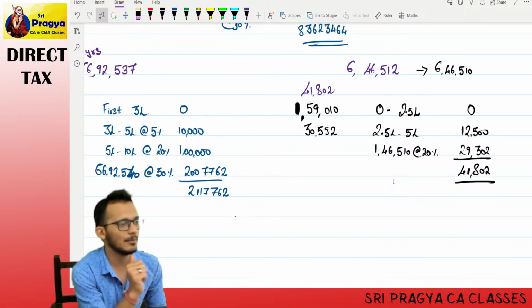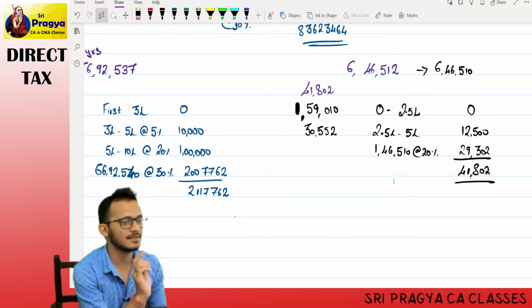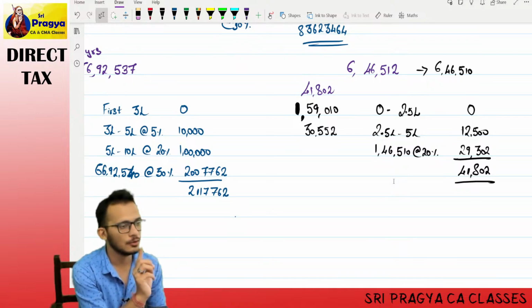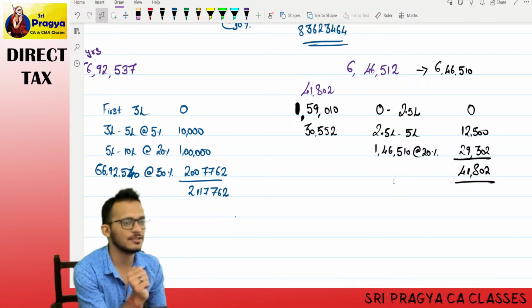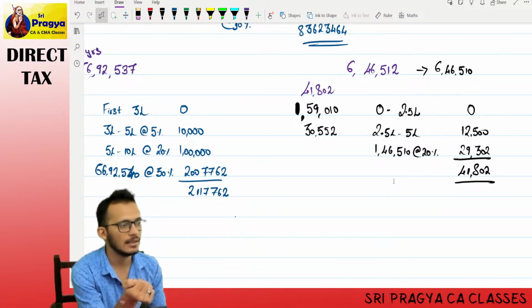Rahul, what is the slab rate for HUF? Same, except for the 60 and 80, meaning for them the only slab is 0 to 2.5. When it comes to HUF, it is very difficult to say whether they are 60 years or 80 years, and age is not a criterion. It's an artificial person, so age does not matter.